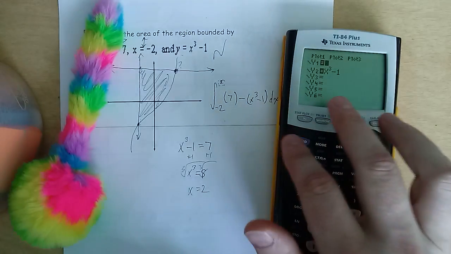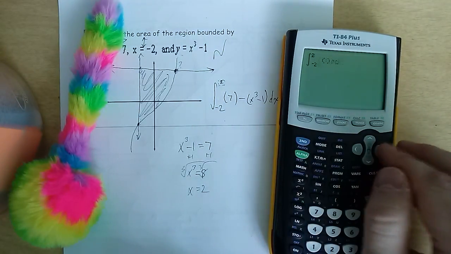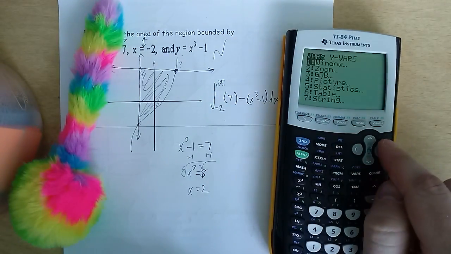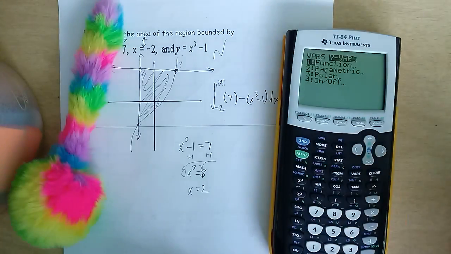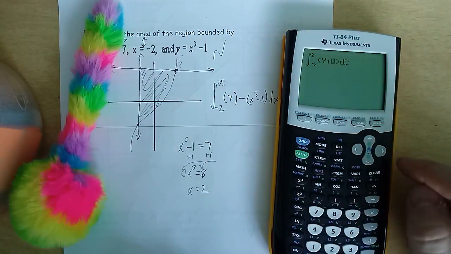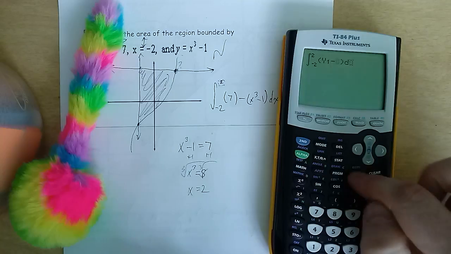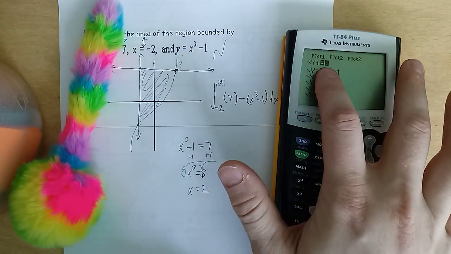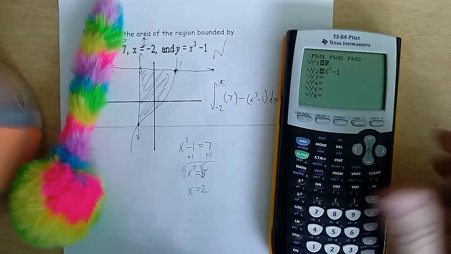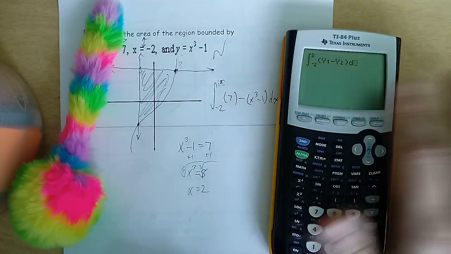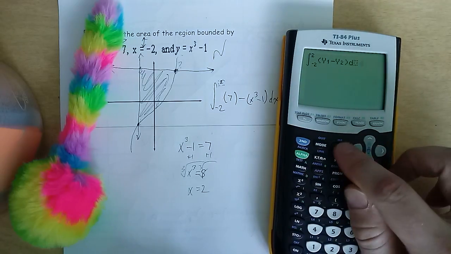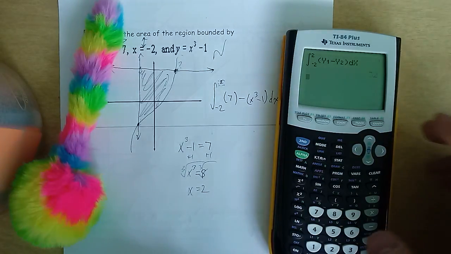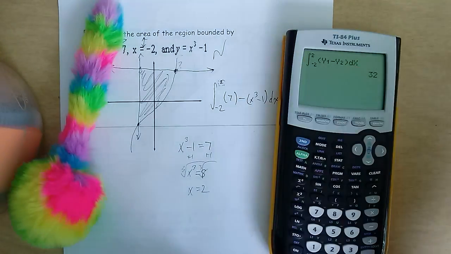So the cool little trick that you can do here is, if you go to vars and over to yvars and into function, I can literally say take y1, subtract vars function y2, where y1 was 7, y2 was x cubed minus 1. If I do that, I still got to do dx at the end. So if we do that, it'll give us the answer.